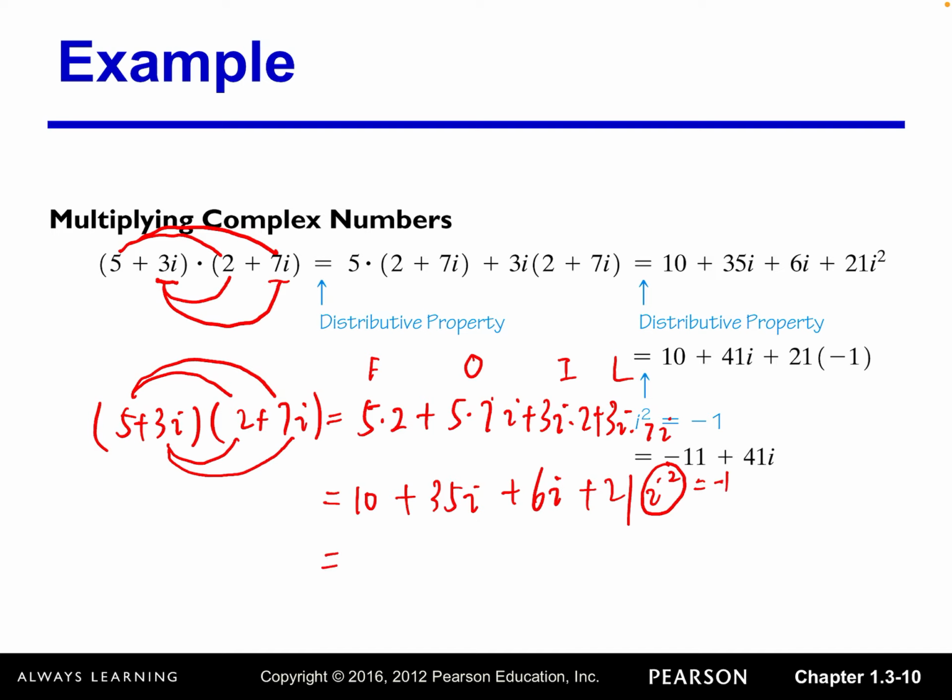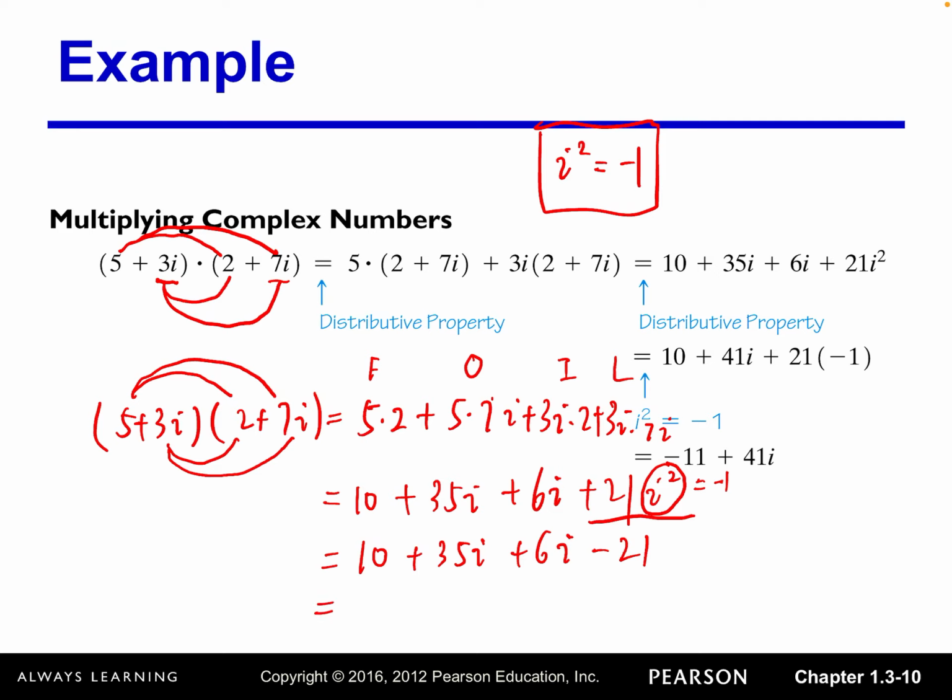So actually, we simplify as 10 plus 35i plus 6i, and then 21 times -1, right? It's a minus 21. Okay, so any quadratic term of the imaginary unit I, you have to simplify it by applying the definition I squared equals -1. Okay, so this term actually constant term, but change the sign. Okay, if original positive, now change to the negative.